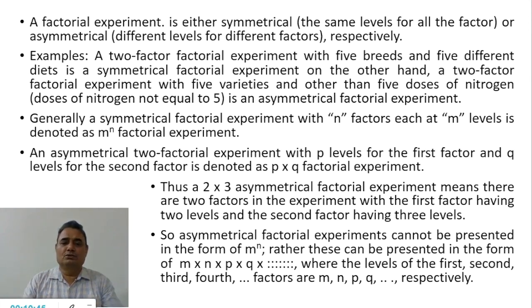Thus, a 2 into 3 asymmetrical factorial experiment means there are two factors, the first having 2 levels and the second having 3 levels. So an asymmetrical factorial experiment cannot be presented in m raised to power n form.